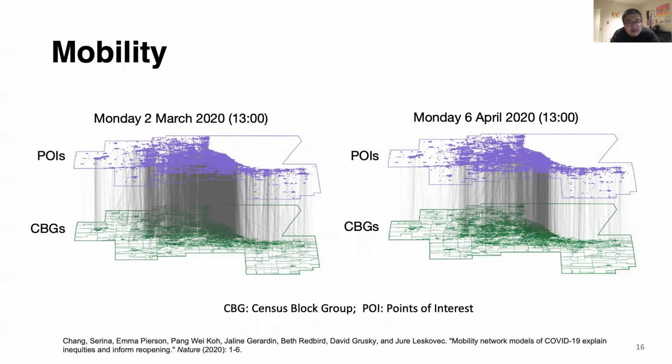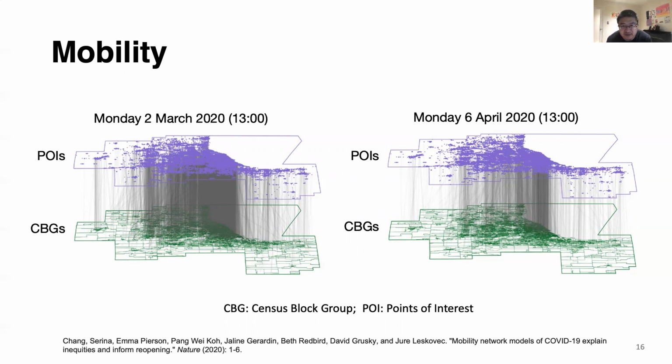interest. And within these two figures is an example of 2 days, in March and April, in Chicago. The vertical lines indicate the most visits between nearby POIs and CBGs.